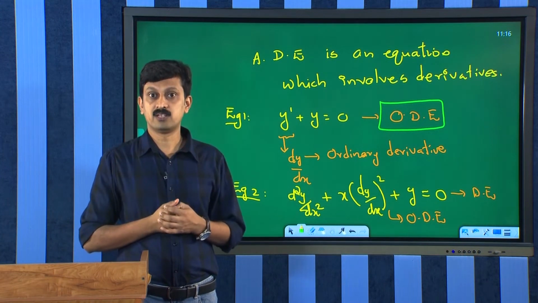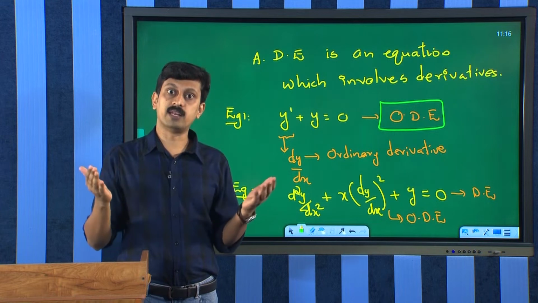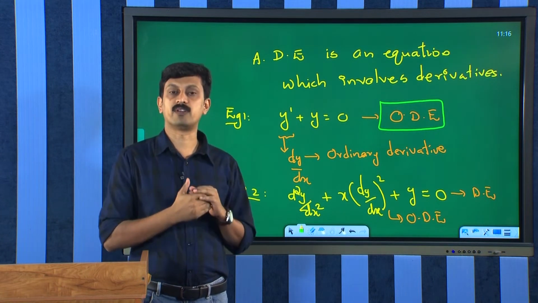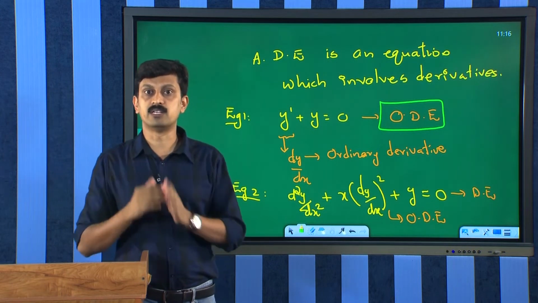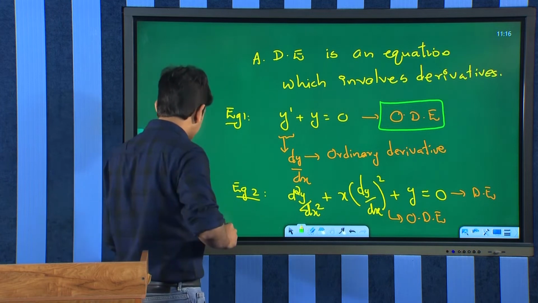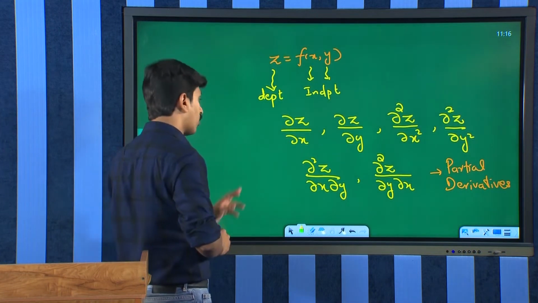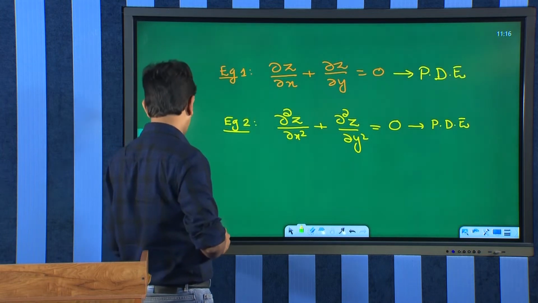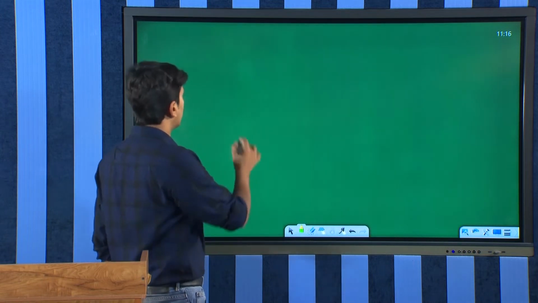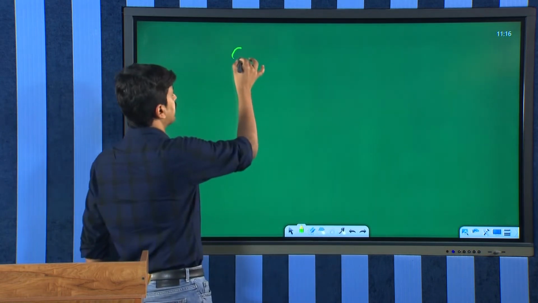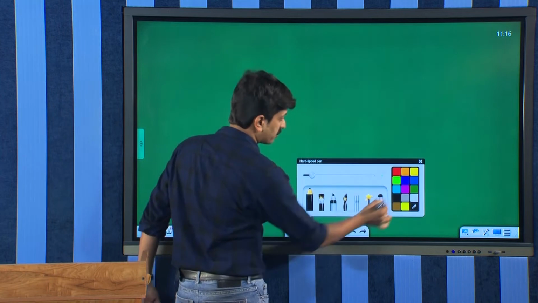Since there are many higher order derivatives, we can define the order of a differential equation, and also the degree of a differential equation. So we discussed partial differential equations and ordinary differential equations. Now, our discussion is on the order and degree of a differential equation.